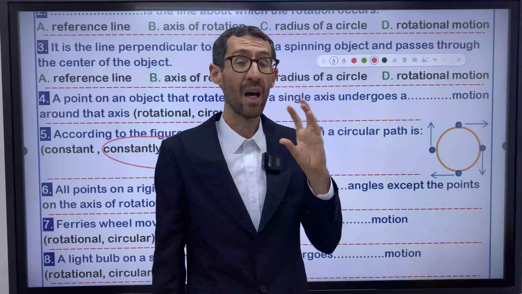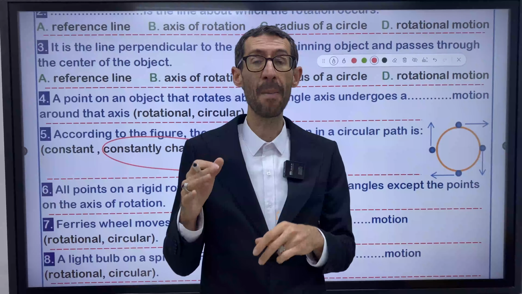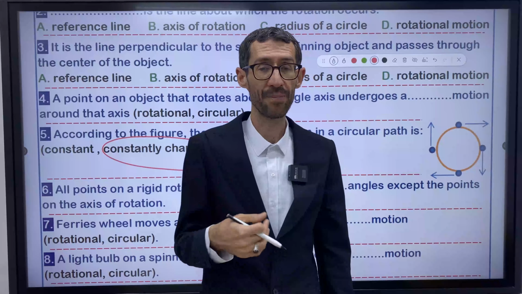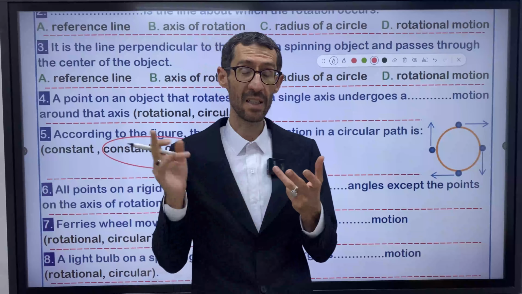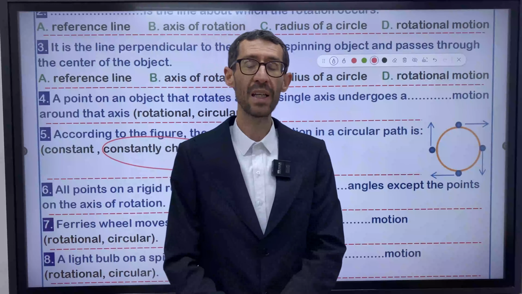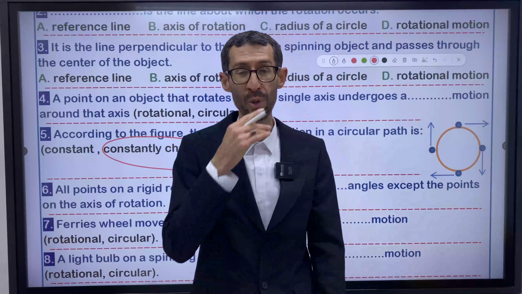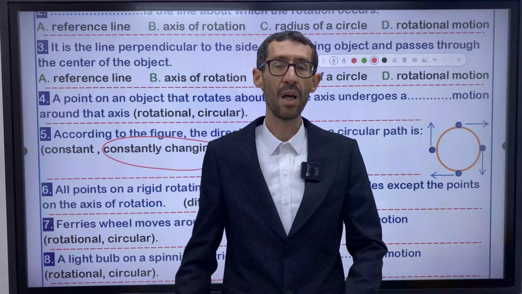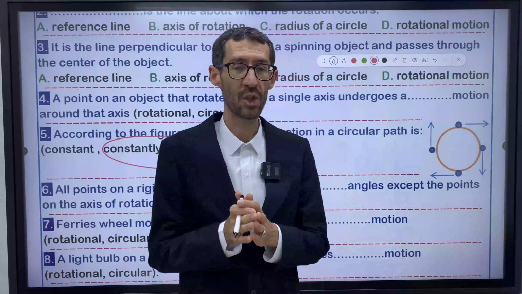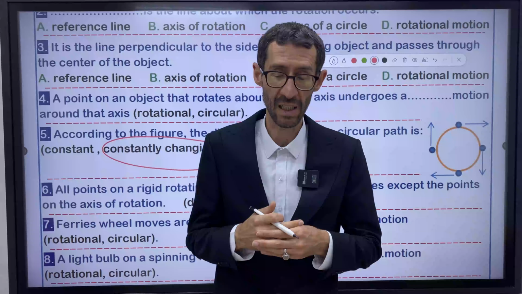We have to enter some new quantities instead of the velocity, instead of the acceleration. God willing, in the next lecture we will get information about it, and we will update the kinematic equations.